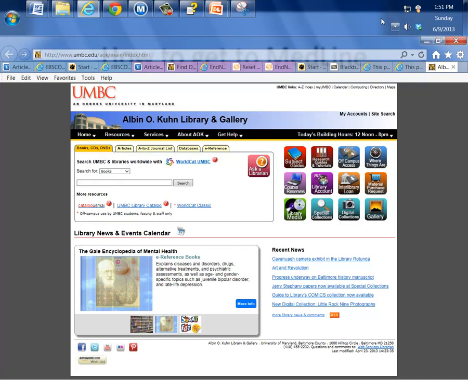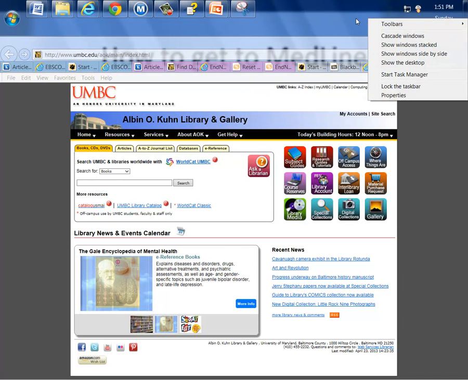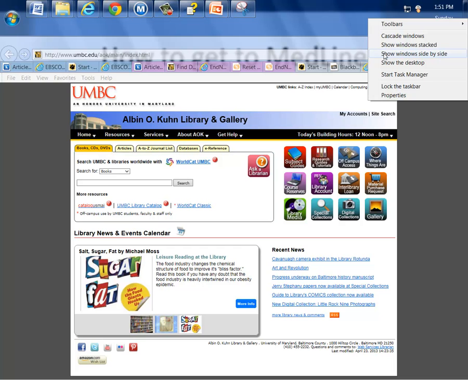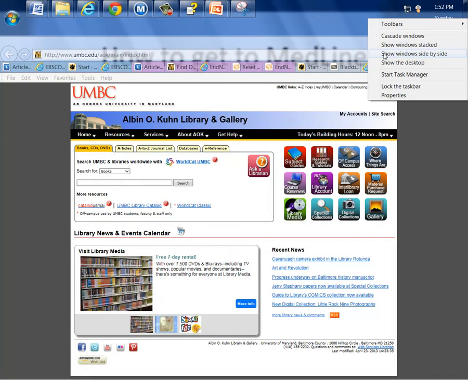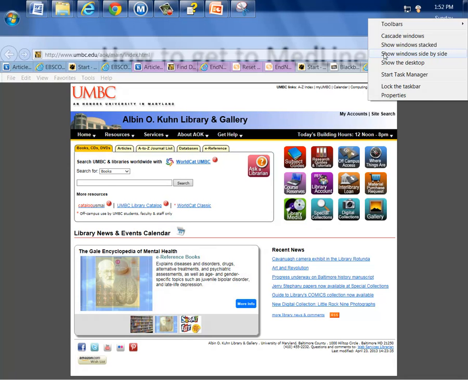I think from up here you can do show windows side by side, and that will allow you to put this video on one half and your browser page on the other half so that you can follow along with me. So go ahead and on that browser page, split the screens here.